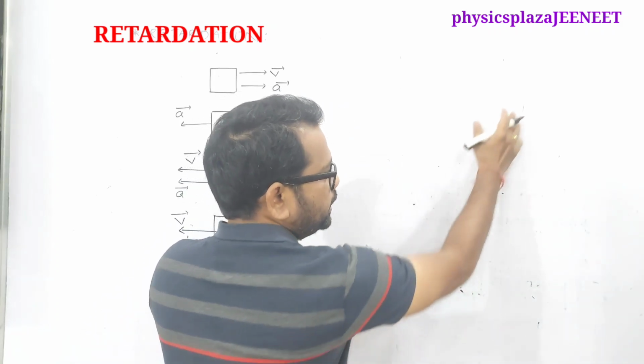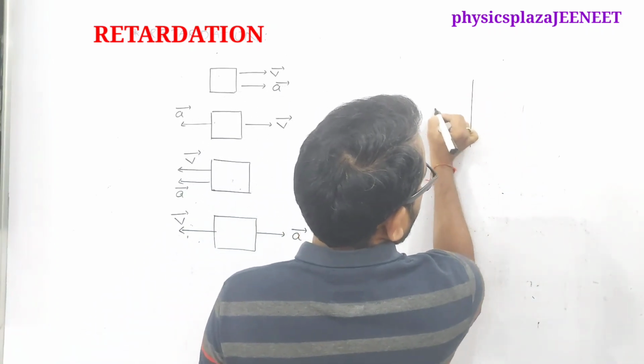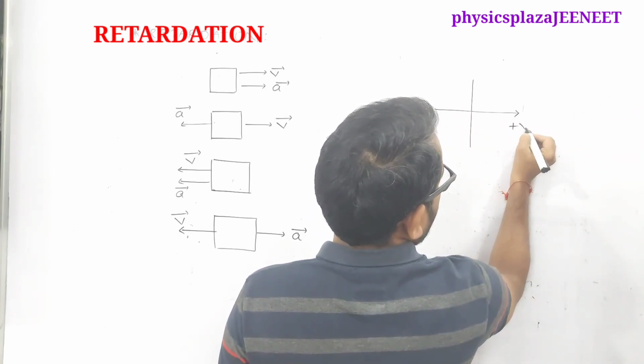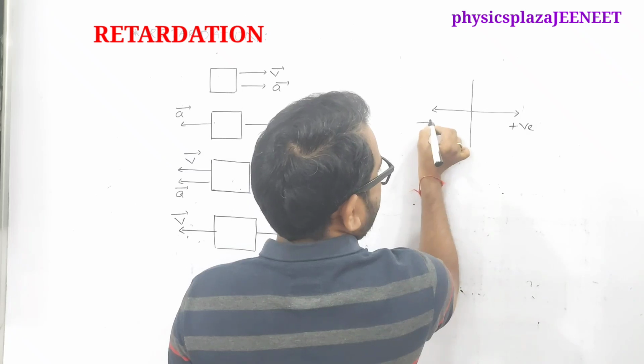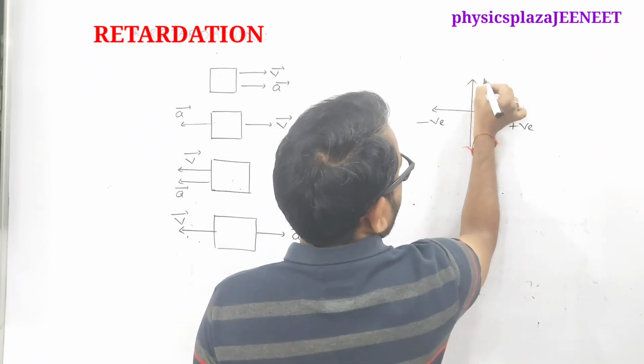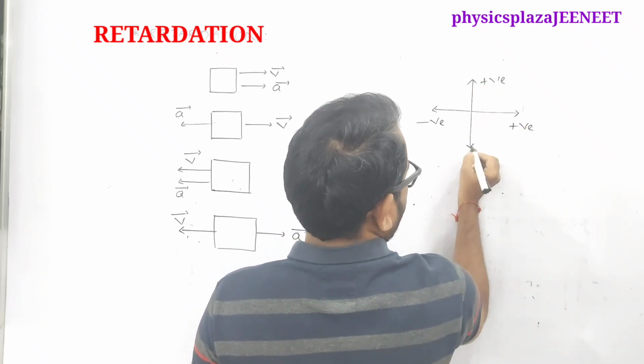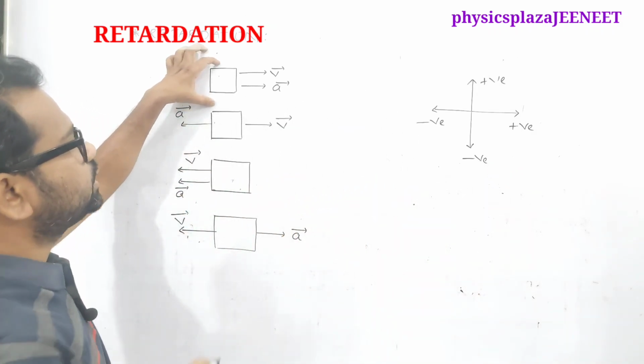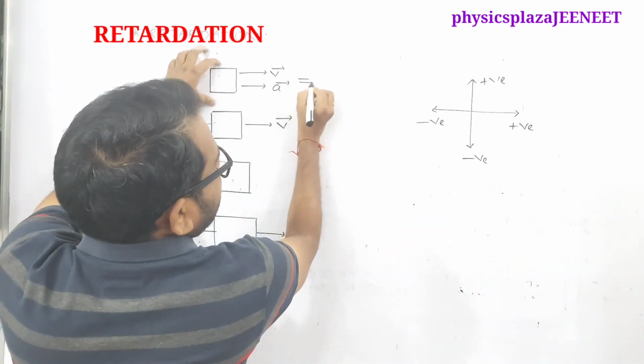Meanwhile, children, let us recall one sign convention. As per the sign convention, towards the positive x-axis we take physical quantities as positive, and the other side is negative. Now think: in this first case, is the speed going to increase or decrease?